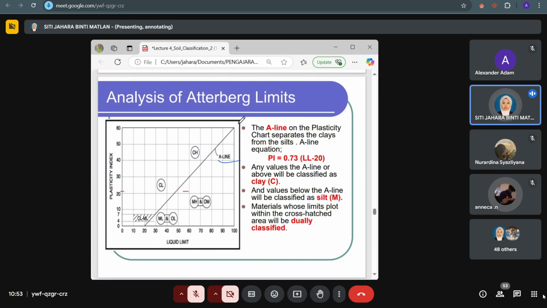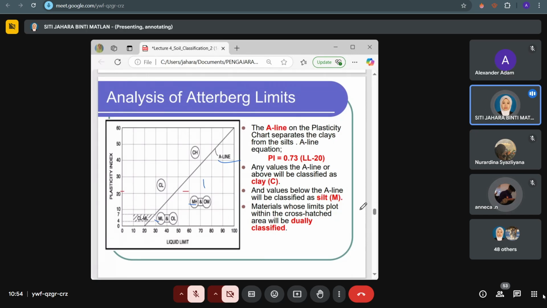If the soil is above or on the A-line, the soil is classified as clay. Below the A-line, the soil is classified as silt. As you can see, M represents silt.